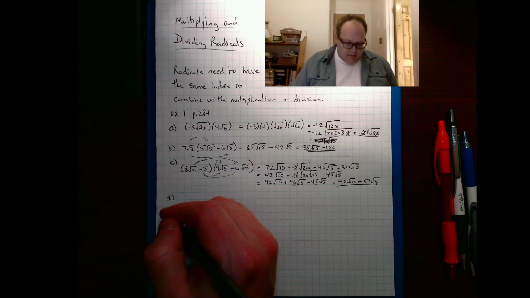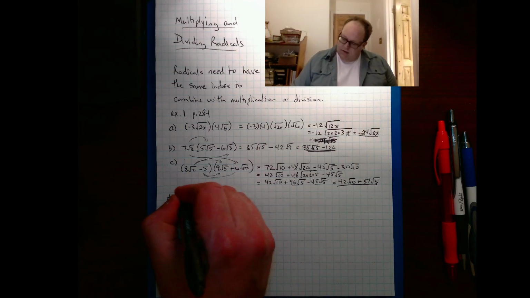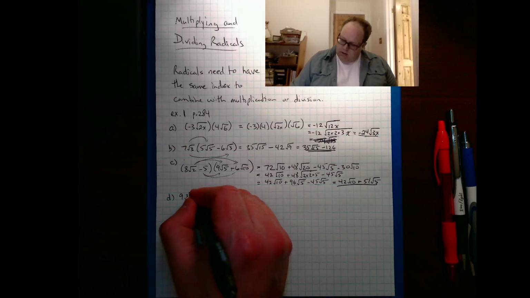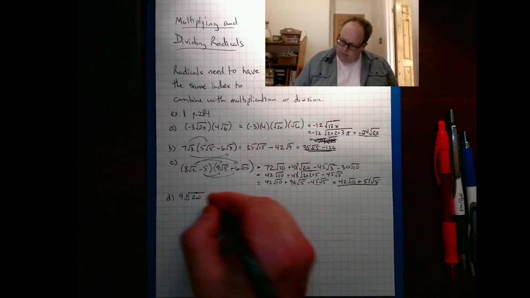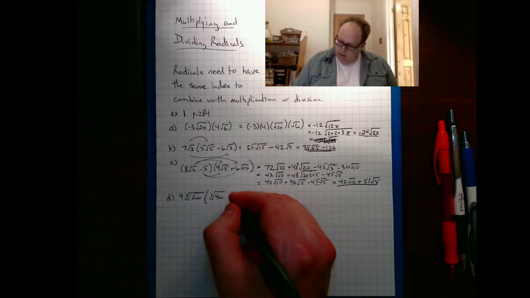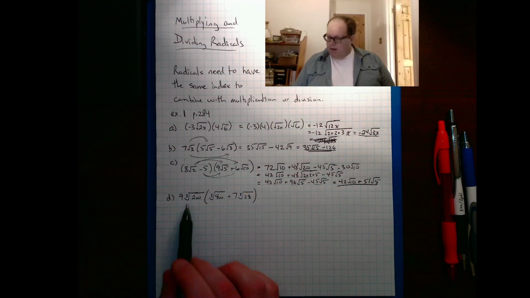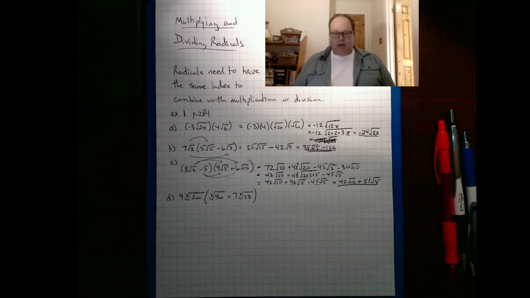And lastly, just for kicks, 9 times the cube root of 2w, all multiplied by the cube root of 4w, plus 7 times the cube root of 28. Now my indices again match up, so I can multiply the radicands together.